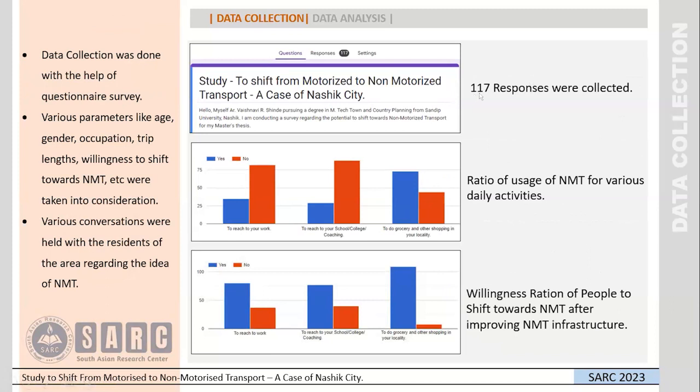I got a total of 117 responses, of which this is the chart for the ratio of people who are using NMT presently. And this second chart is for the people who are willing to use NMT after the improvement of the infrastructure.